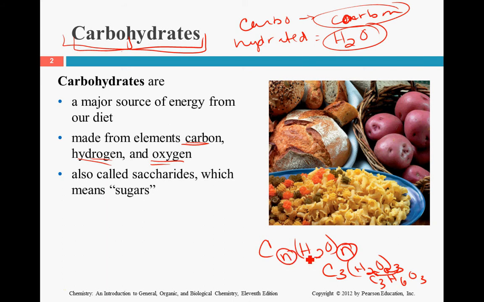However many carbons there are, that's how many waters you'll have. And that's where we get the term carbohydrates. The term saccharide means sugar. And you'll see that word come up quite often.